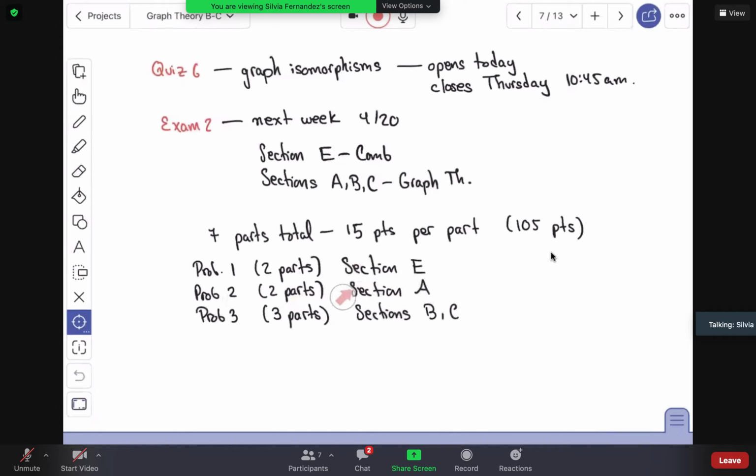The section that can be a little more open is section A, because that's where we learn all those concepts: connectivity, the degree sequences, when a list of numbers is actually the degree sequence of a graph, minimum degree, maximum degree, all those concepts. But for the others, essentially the problems are: use inclusion-exclusion to count something, or prove or explain why 2 graphs are isomorphic or non-isomorphic. And that's it.